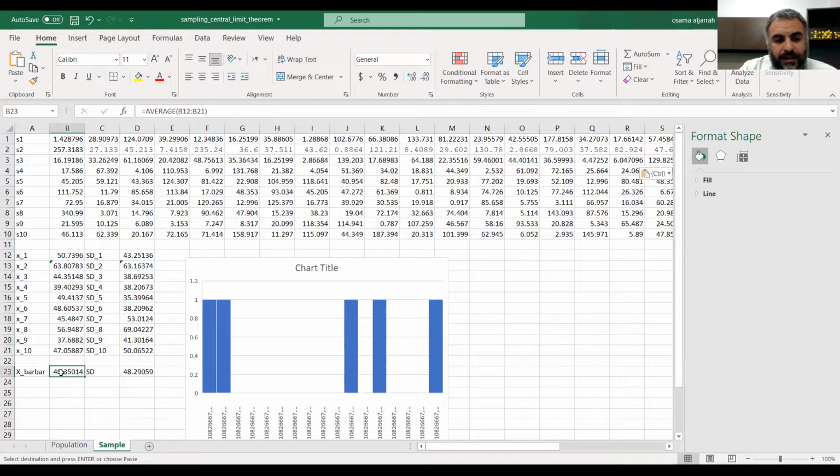And you will see the mean is 48. So it's close enough, and the standard deviation is 48. If we try to increase it, eventually it will also reach a normal distribution, but since we are using 10, you can see it changed a little bit, but it's still not a normal distribution.